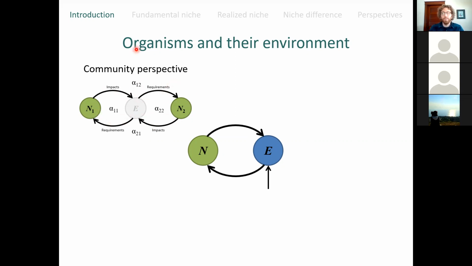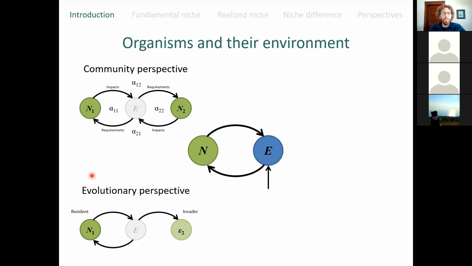You can think of them as being the product of species impacts and requirements, and I'll get to this later. Some eco-evolutionary perspectives, such as adaptive dynamics, measure the success of a new mutant as the way that this mutant responds as an invader to the environment set by a resident population.